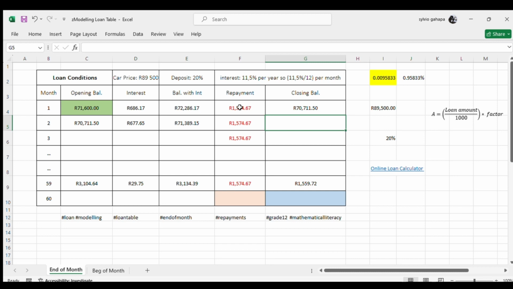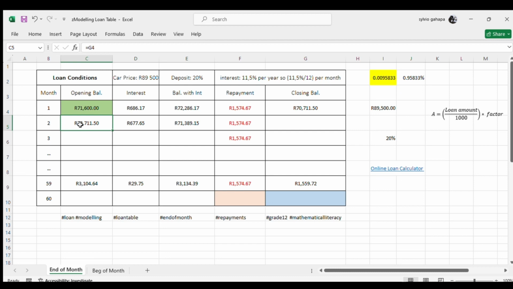Now, as we spoke about earlier on, what you owe to the bank at the end of the month, let's just say the 31st, is exactly what you owe them when you start on the 1st of the next month. That's why I've set my table in such a way that my closing balance automatically becomes my opening balance.